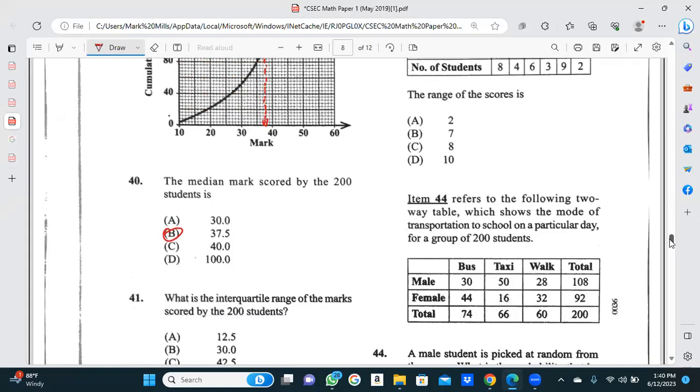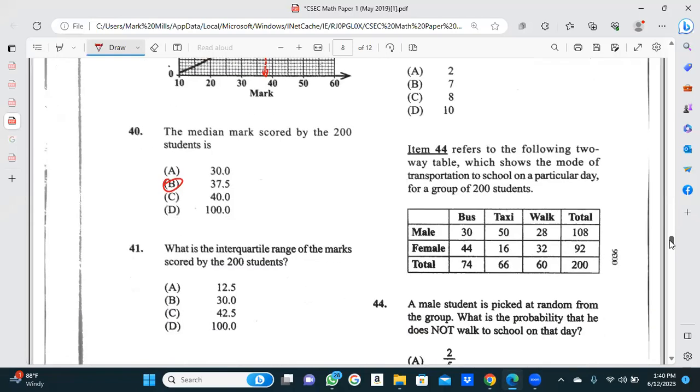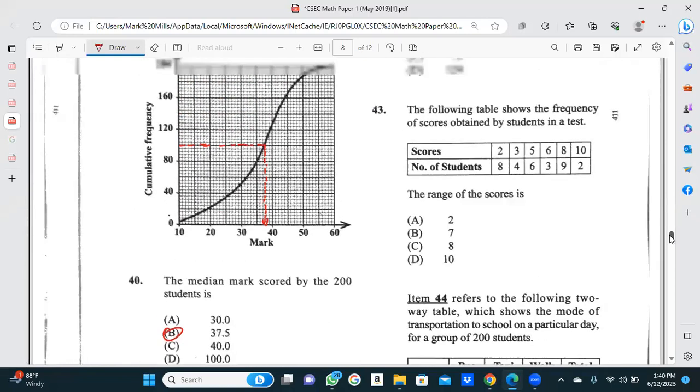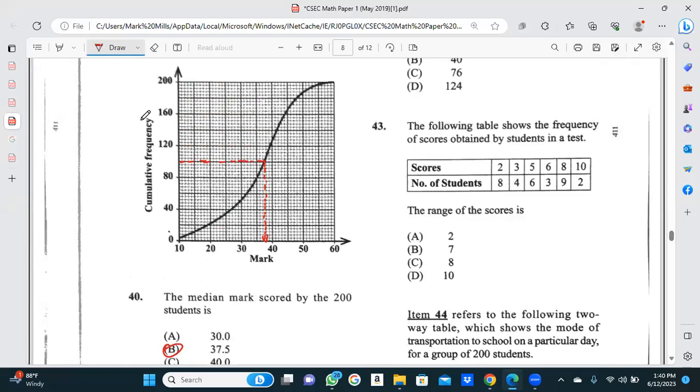Okay, how do we find interquartile range? Anybody remember? Nope. So for interquartile range, you find 1/4 of the data, which is 200. So that will give me 50. We are going to locate 50. Where would I put 50?